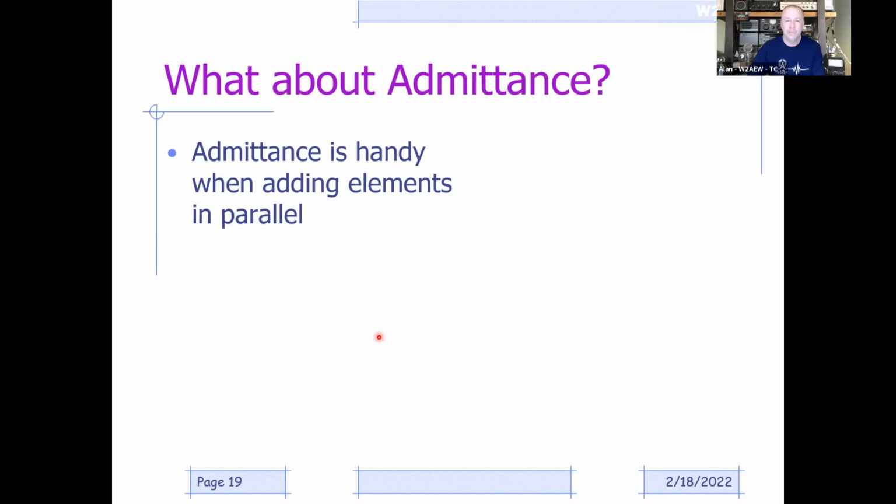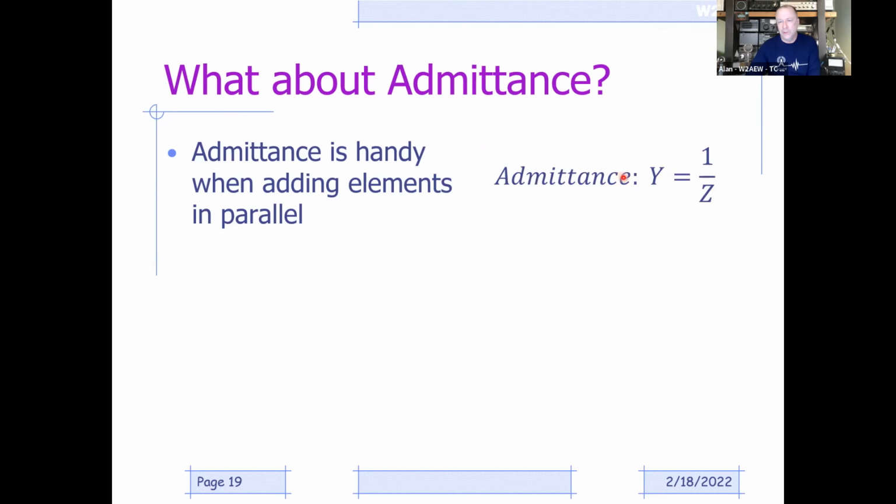But when we're adding elements in parallel, we add the inverses: 1 over R1 plus 1 over R2 plus 1 over R3 equals 1 over R total. Then we can invert that to get the total resistance. That 1 over resistance, or 1 over complex impedance, we call admittance. So it's handy to deal with admittance when we're adding parallel elements.